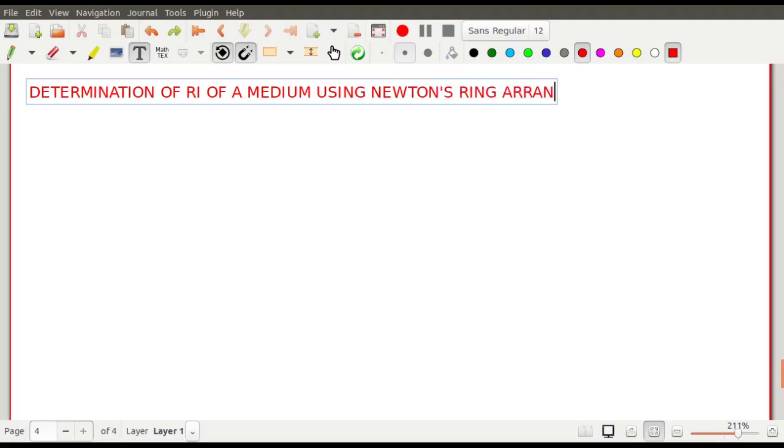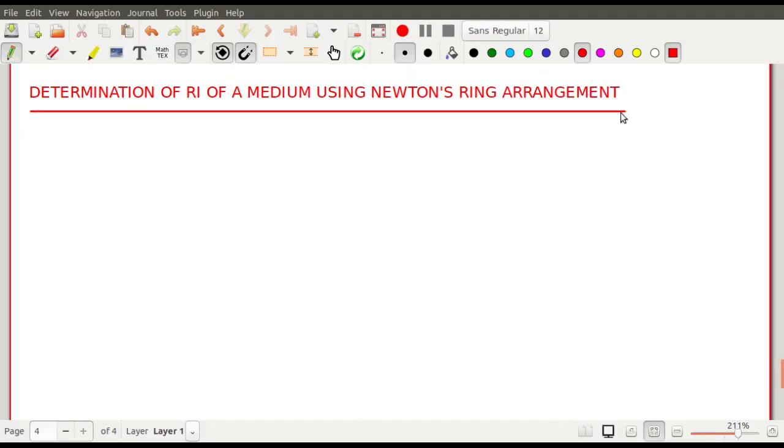You see that already I have taken mu to be 1. We had already taken mu as 1, that is, I have used the air film, as I have said that I am using an air film in this type of experimental arrangement.